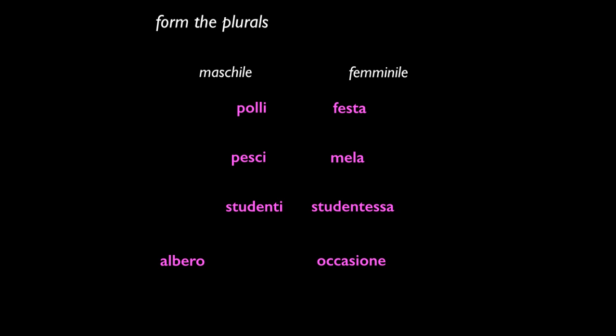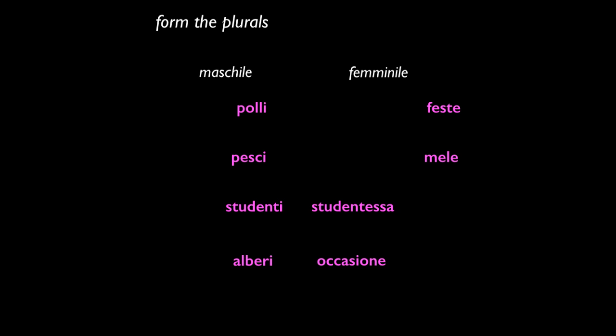Studenti, many students. Albero, the tree. You want to say the trees, that's alberi. And then over to the feminine side there, festa, that becomes, yep, feste. And mela, that was from the examples that I gave you, that mela becomes mele.